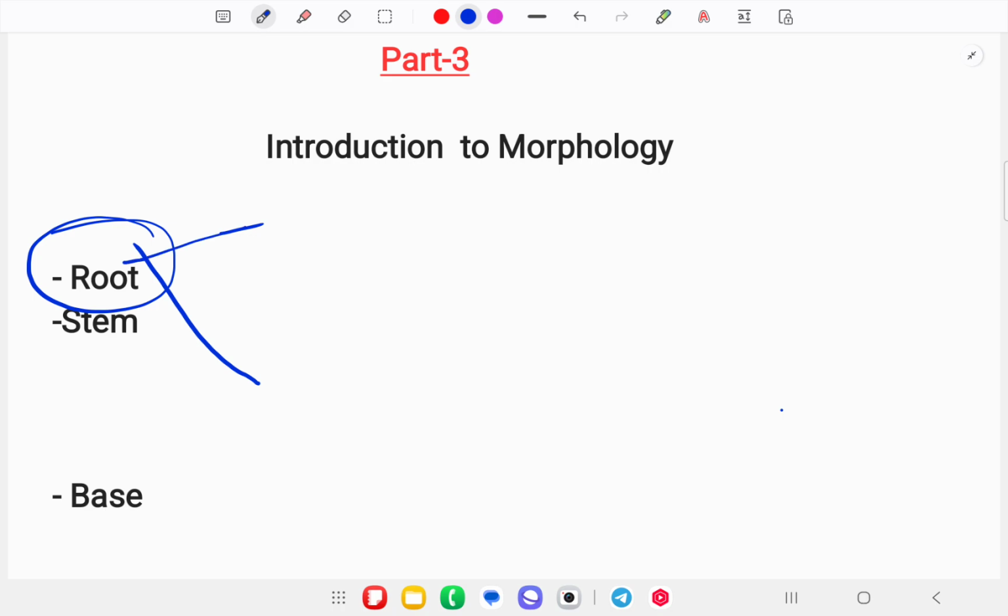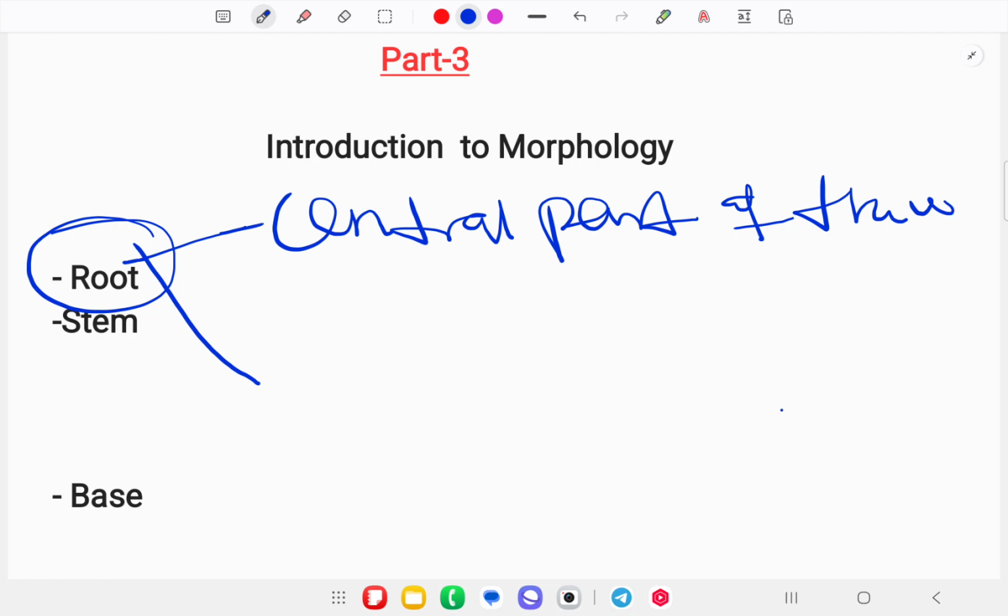According to Panini, a root is the central part of the word, and when morphemes are added to the root, it changes the meaning and shows the grammatical category. The grammatical category may be tense, aspect, singular or plural, gender, number, person, something like that.